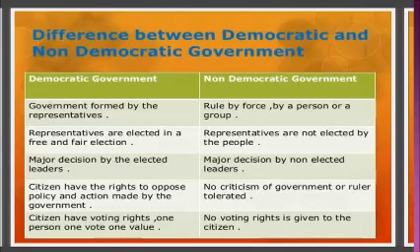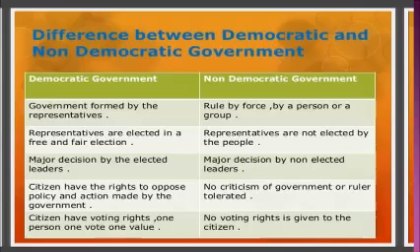But in non-democratic government, representatives are not elected by the people. In democratic government, major decisions are taken by elected leaders. But in non-democratic government, major decisions are taken by non-elected leaders.